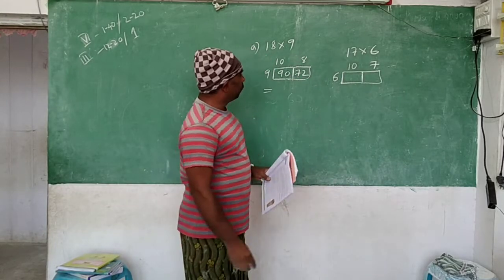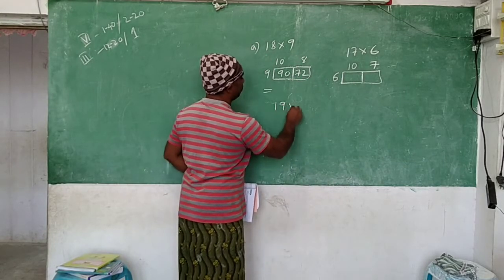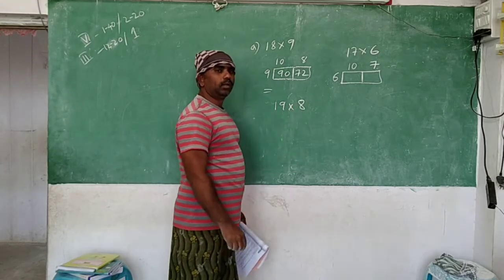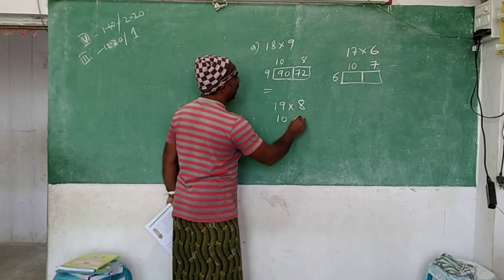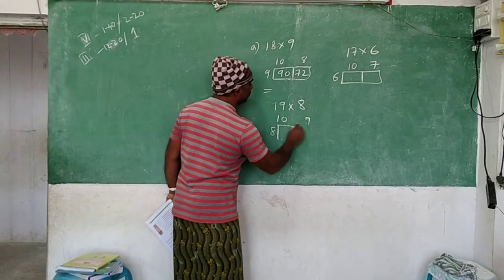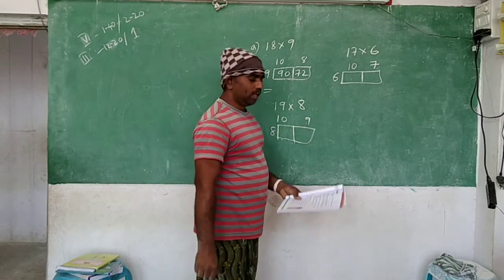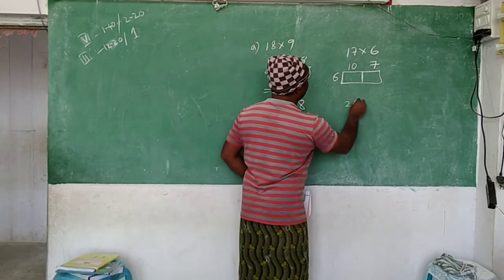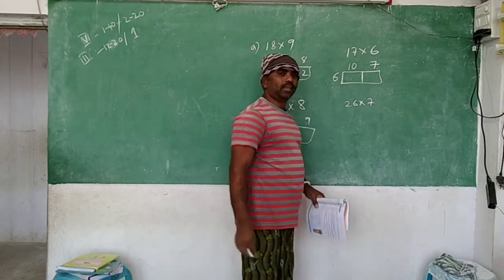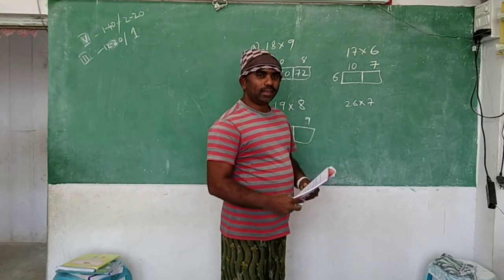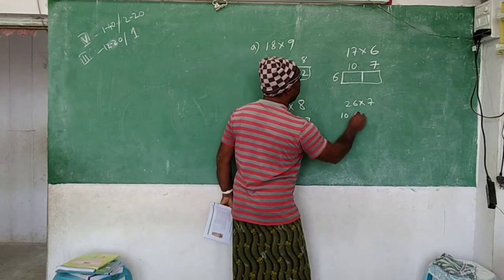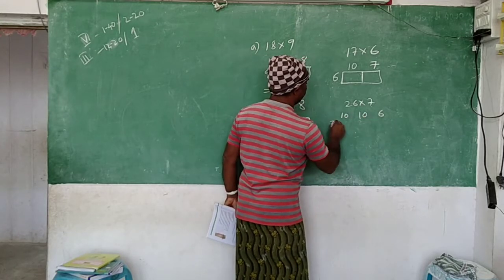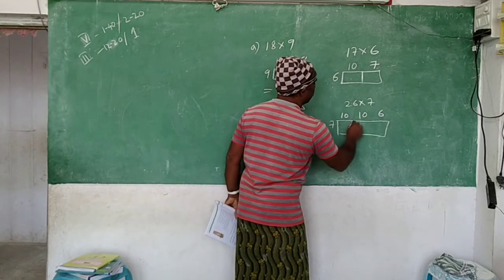Third number, 19 into 8. Very good, 10 and 9. We will multiply with 8. Next, 26 into 7. Very good, 10, 10, 6. You will multiply with 7.